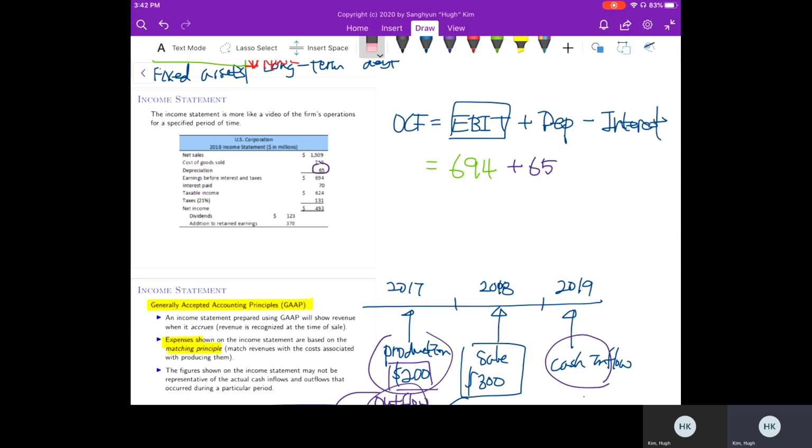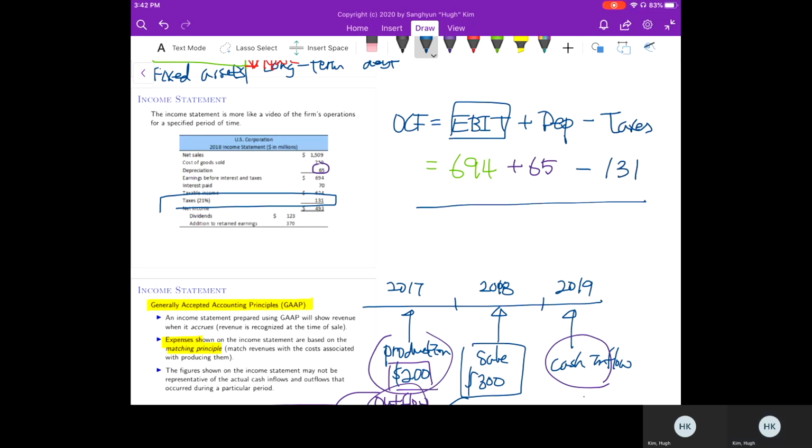We don't want to include interest. We have to include taxes. Taxes are here. The taxes, minus 131. So again, operating cash flow is defined as EBIT plus depreciation minus taxes, not interest.